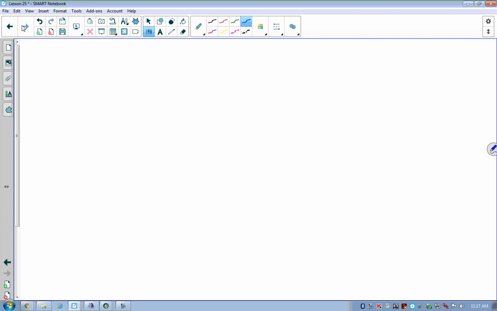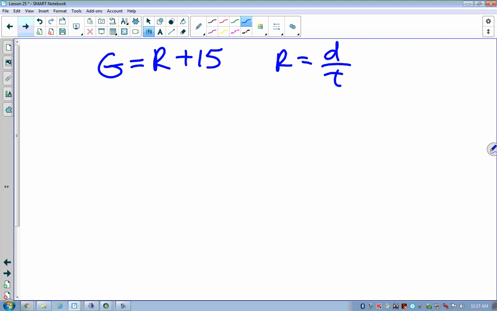So what we're going to start off with is Gracie's speed equals Richard's speed what? R plus 15. Good. Okay. G equals R plus 15. Rate equals distance over time.